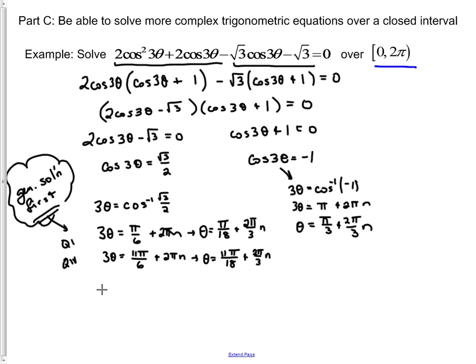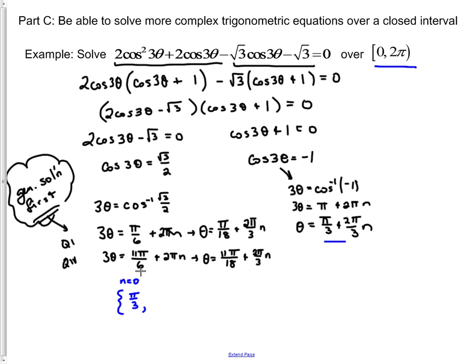So we're going to have to come up with a set of answers based on letting n equal 0, n equal 1, and so on until we get to the end of our list. So what's going to happen? Well, certainly if we let n equal 0, that's the easiest case. If n is equal to 0, we're going to get 3 answers right here. Looks like we're going to get pi over 3 from over here.